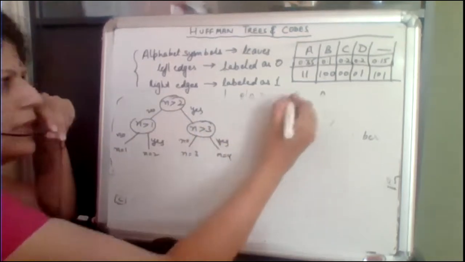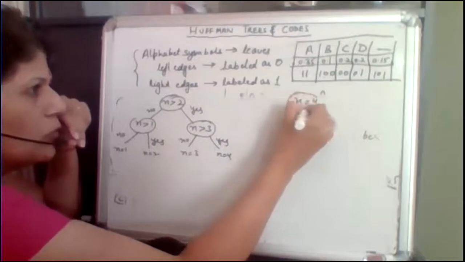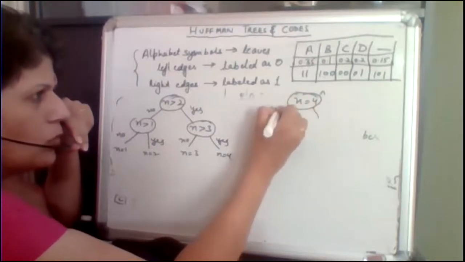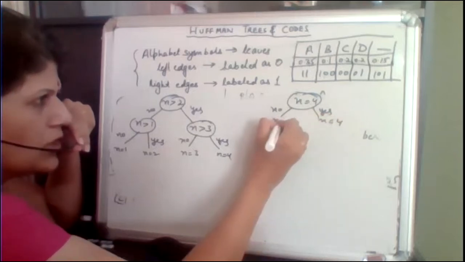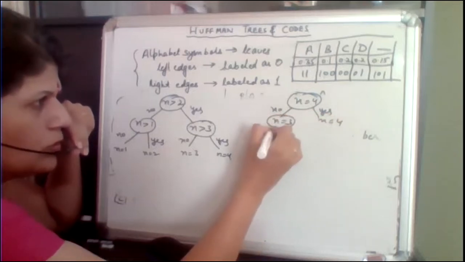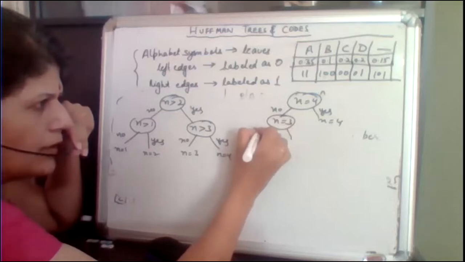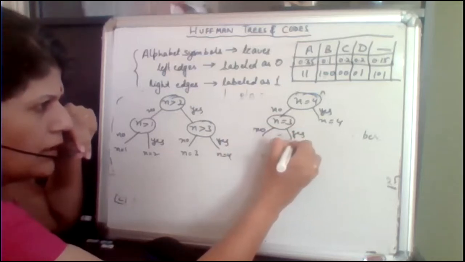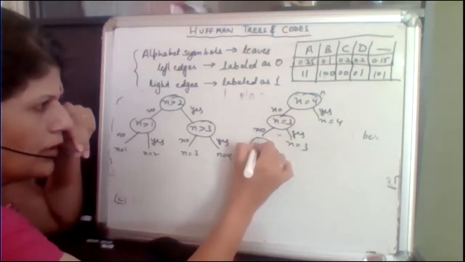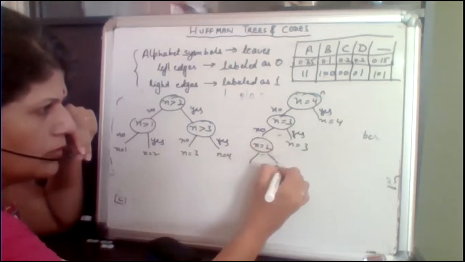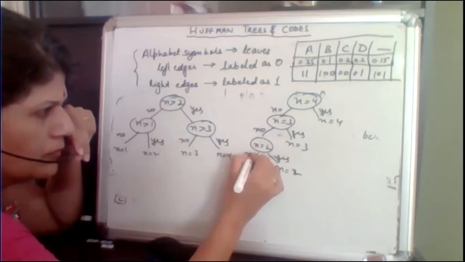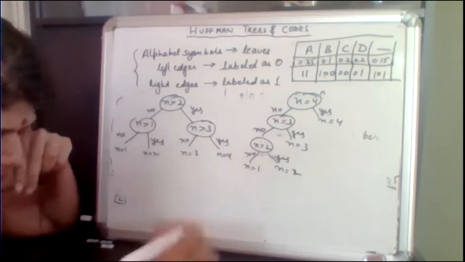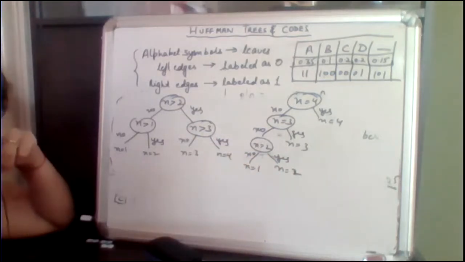And the other tree that we had: is n equal to 4? It says no, and it says yes, then n is equal to 4. Then it checks whether n is equal to 3, again no and yes, then n is equal to 3. Then n is equal to 2. So we have these two trees.